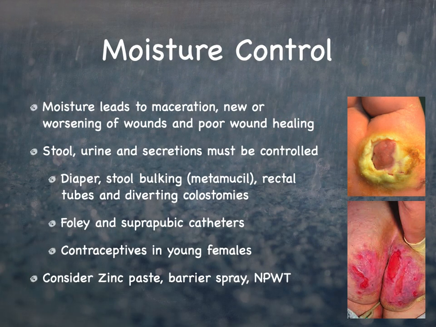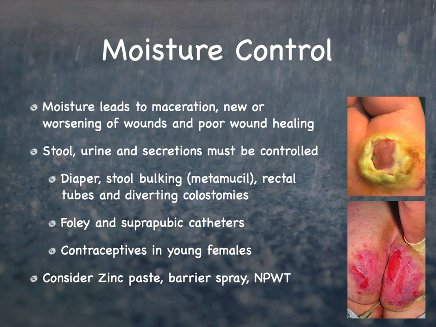Moisture is absolutely devastating to many wounds. It can lead to maceration, new and worsening of wounds, and just general poor wound healing. For stool, urine, and secretions, you must address them appropriately. For stool, you do diapers, stool bulking, rectal tubes, and in severe cases, diverting colostomies, most often whenever there's a significant impediment to healing, or there is ongoing osteomyelitis with a high probability of contamination.